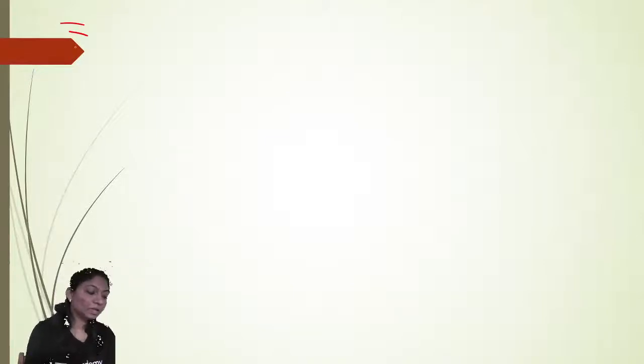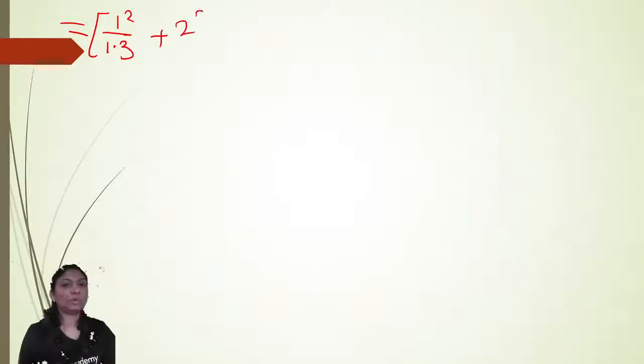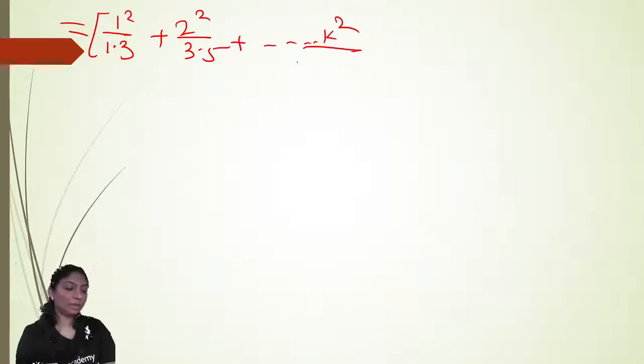Right, write this as 1 square upon 1 into 3 plus 2 square upon 3 into 5 and so on, k square upon (2k minus 1).